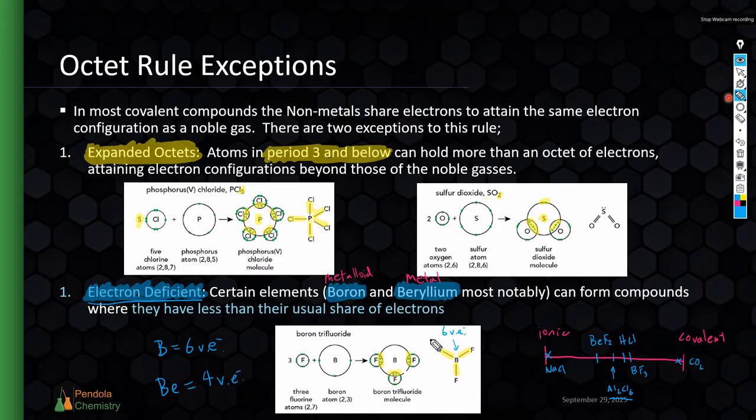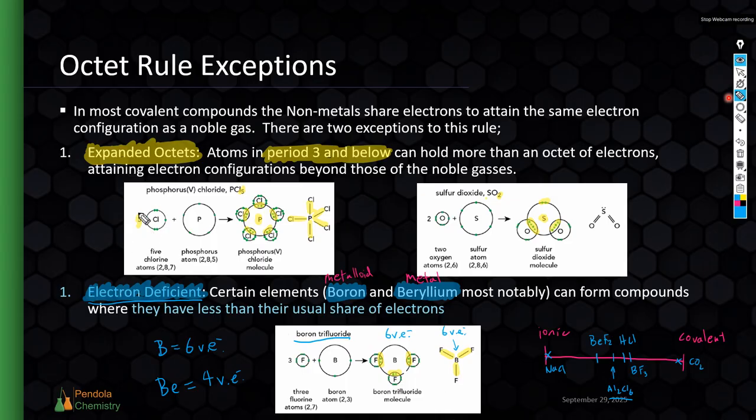Whereas the octet rule says that things need to have 8 valence electrons to be happy and stable, boron defies that rule and says, okay, I only have 6 valence electrons here and in most of my compounds, but that's fine. I am happy, I am stable with it. Boron's ability to be electron deficient is the reason why boron trifluoride can even exist, because that boron does not need 8 valence electrons, it only needs 6.